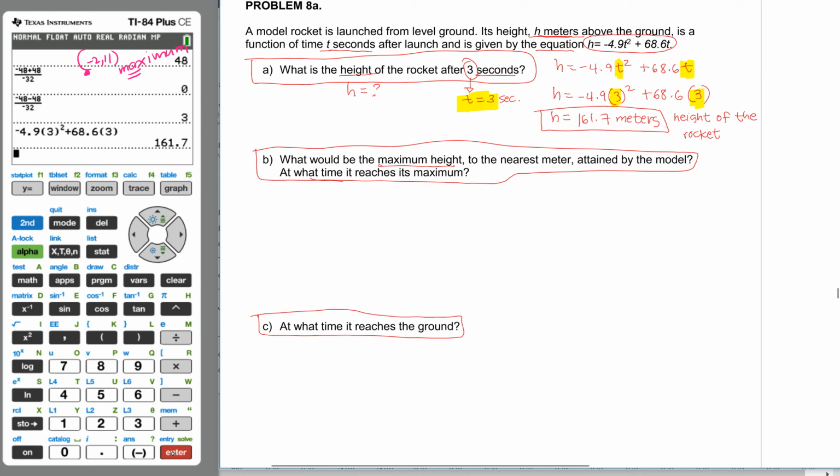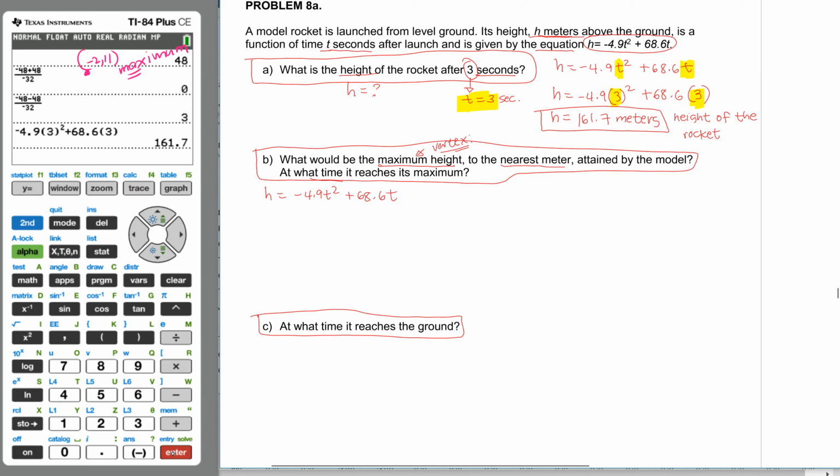Now, what would be the maximum height to the nearest meter? Nearest meter, maximum height, so this is referring to the vertex. Let's find the vertex here. To find the vertex, we have to find the axis of symmetry. So let's copy the equation first: h equals negative 4.9 t squared plus 68.6 t.